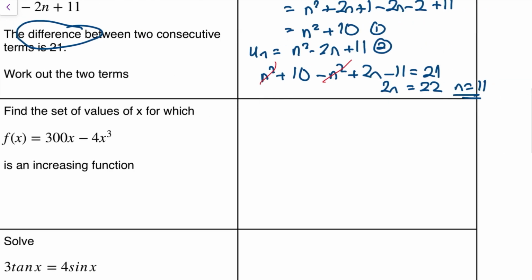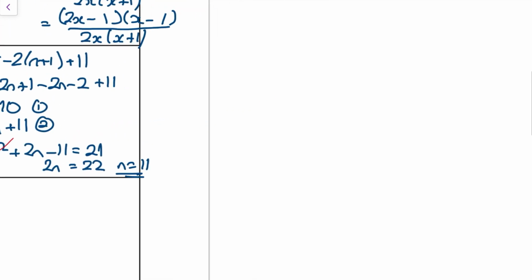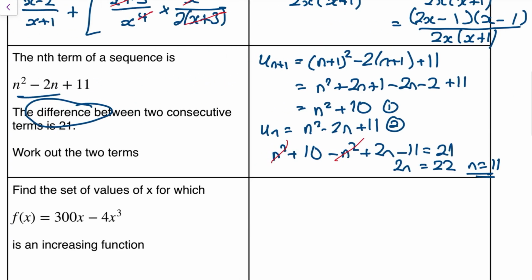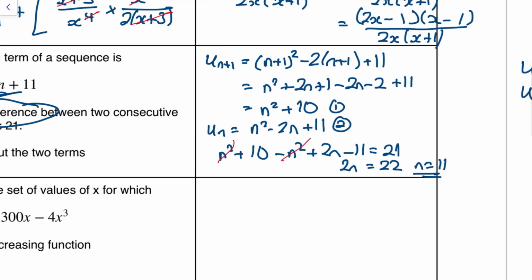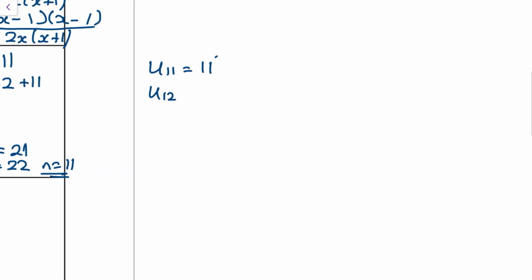What does the question want? The question wants the two terms. Okay, so then I also need to work out u11 and u12. I'm going to hope there's 21 difference. So u11, using this here, is going to be 11 squared minus 2 times 11 plus 11. I'm just thinking out loud there, because I can factorise the 11 out, which just gives me 10 times 11, so it's 110.